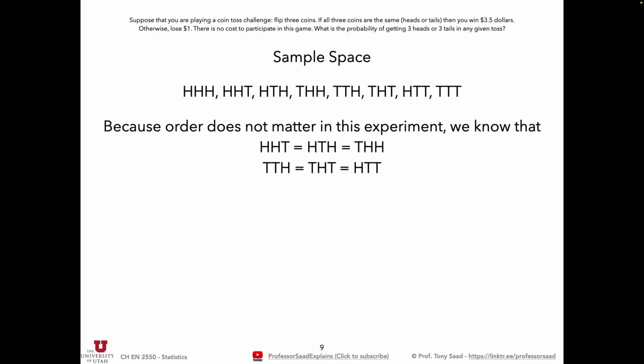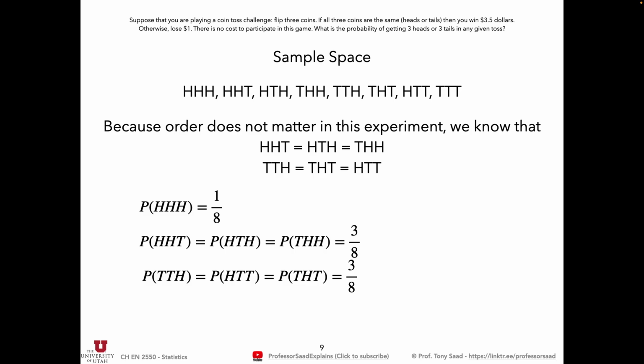And then you can build a probability for all of these options. So the probability of getting 3 heads is 1/8, because you have 8 entries in your sample space. Only one of them is 3 heads, so 1/8. The probability of HHT or HTH or THH, because there's 3 of them, right, is 3/8.